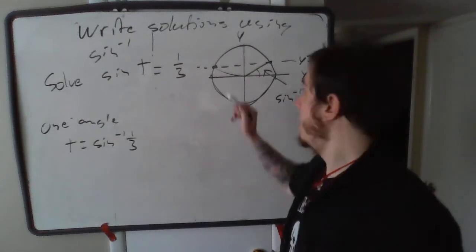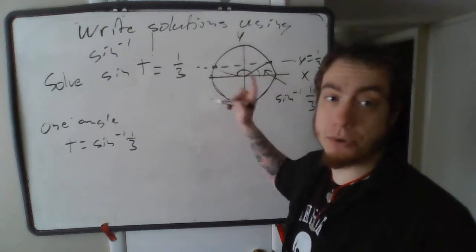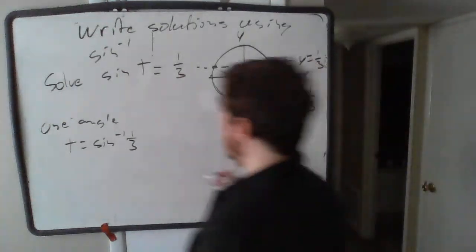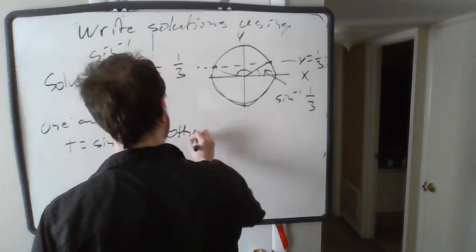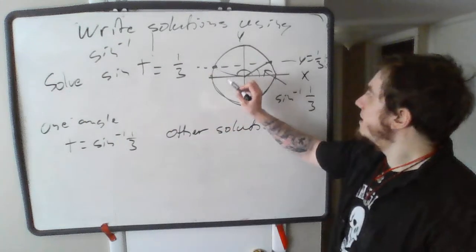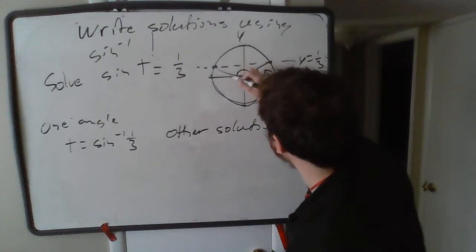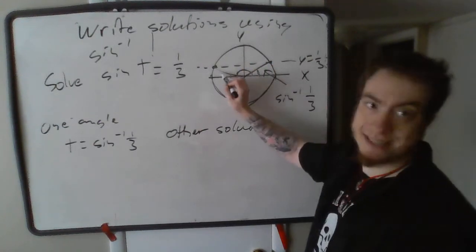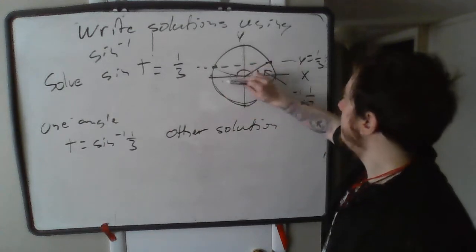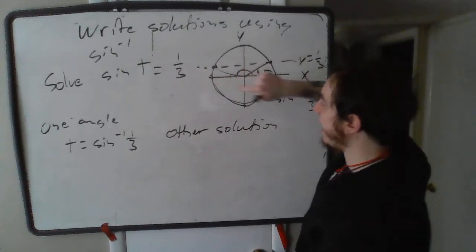Here's the question then. What is this angle here, which is going to be my other solution? The other solution, if you think about it, this angle here, the one that has the double arcs, is the same as this angle here. That's this angle subtracted from an angle of pi.